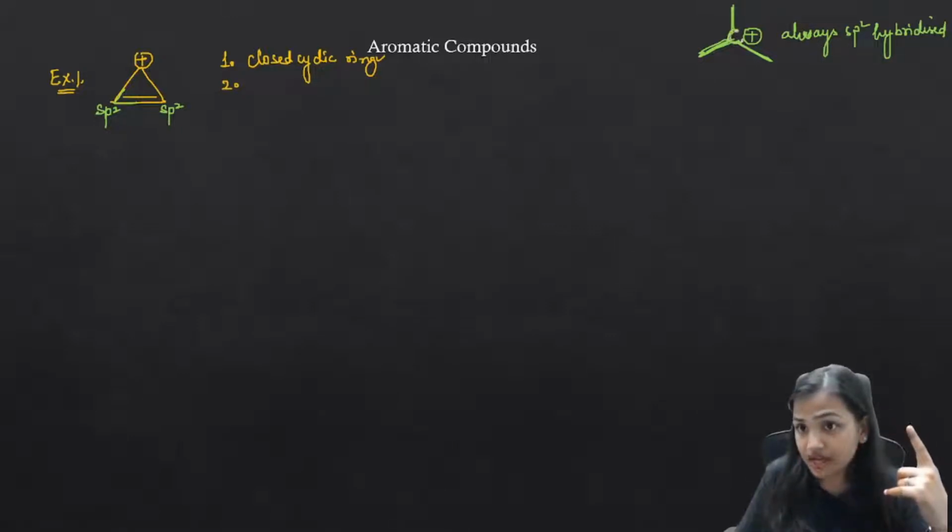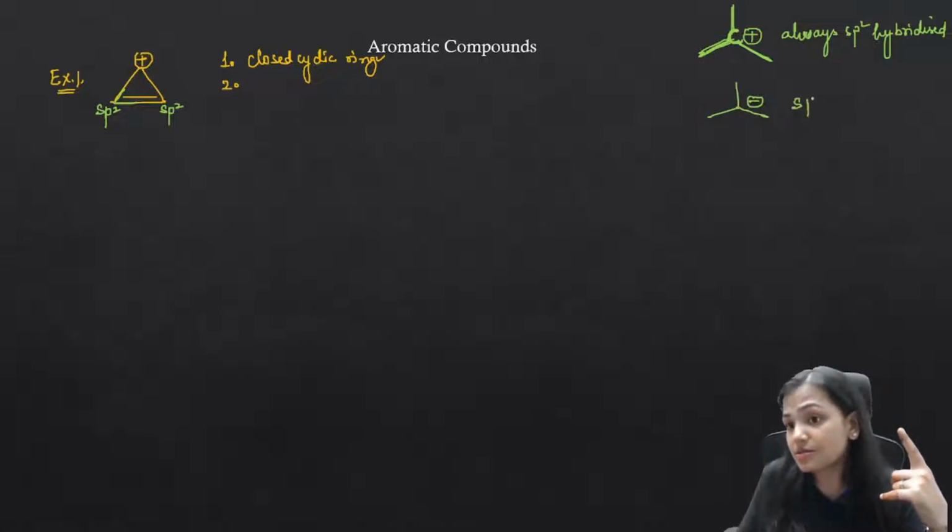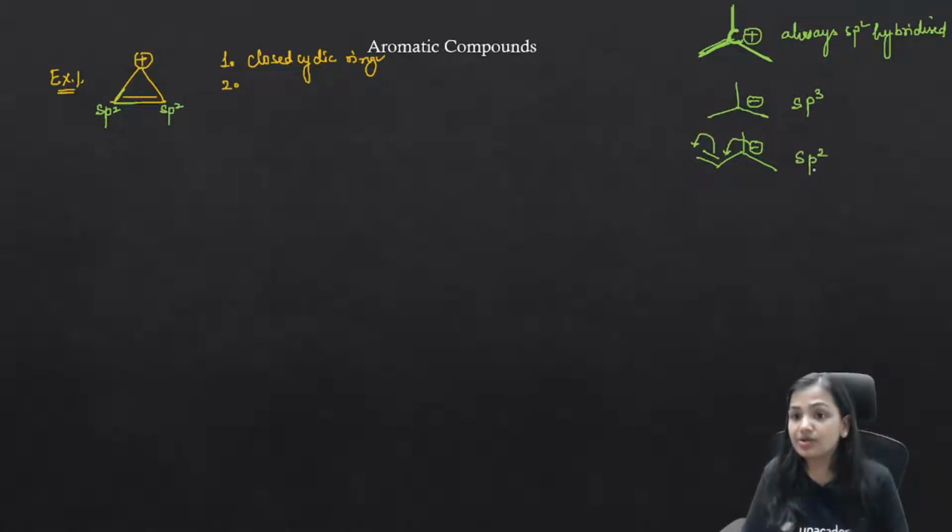And carbanions are sp3 hybridized. But if you have any carbanion which is undergoing delocalization, meaning it is undergoing resonance, then it is said to be sp2. Are you getting my point?